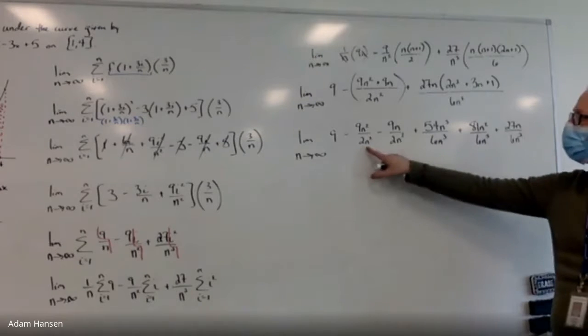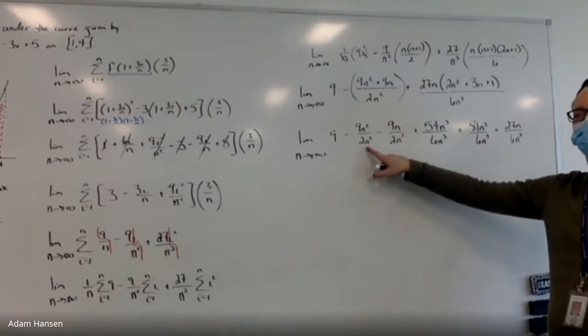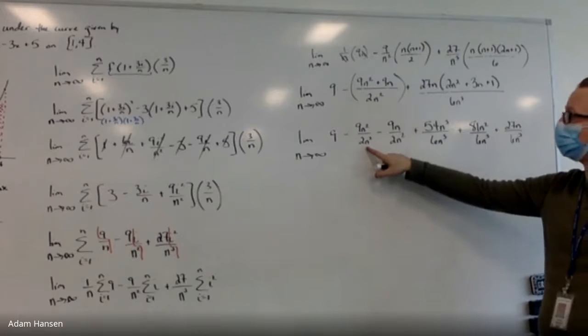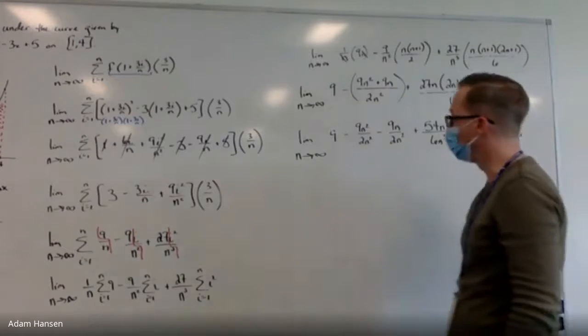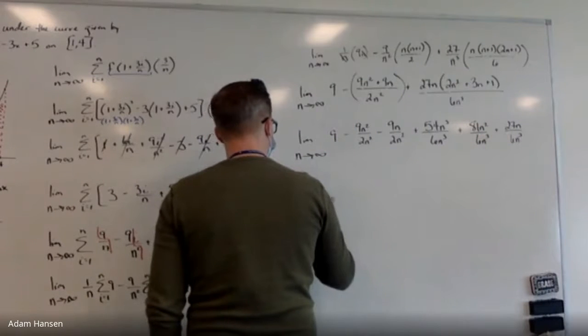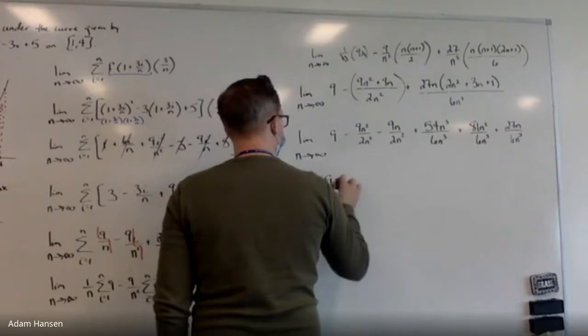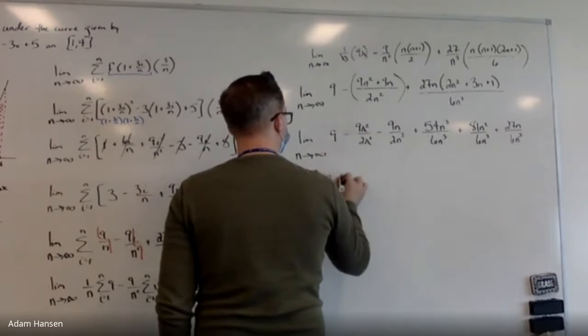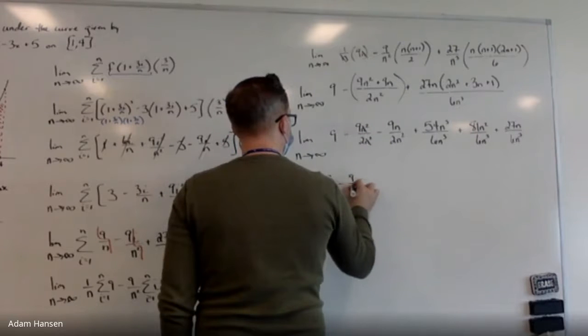For example, what's 9n squared divided by 2n squared? Just 9/2. So let's just reduce some of these. Bring down the 9. Minus 9/2.